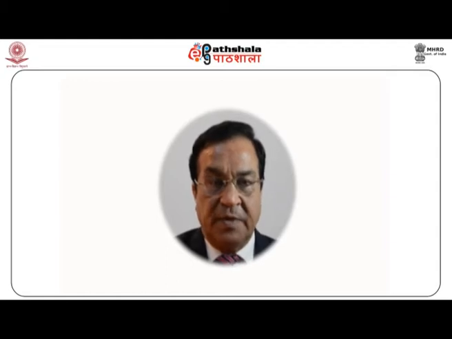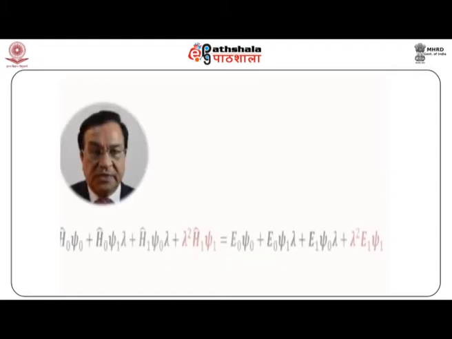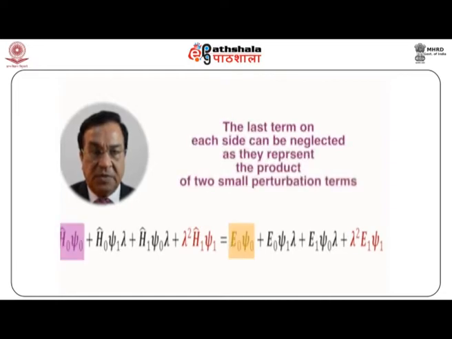This equation can be further rearranged where you can see that the first term on the left hand side and the first term on the right hand side of this equation 11 cancel, because we have already seen that H0ψ0 is equal to E0ψ0.